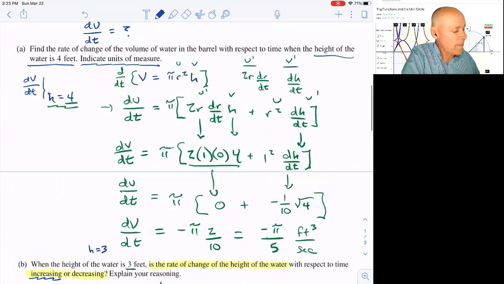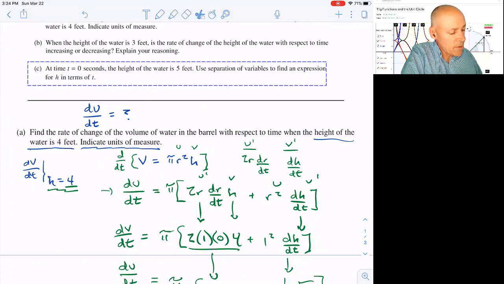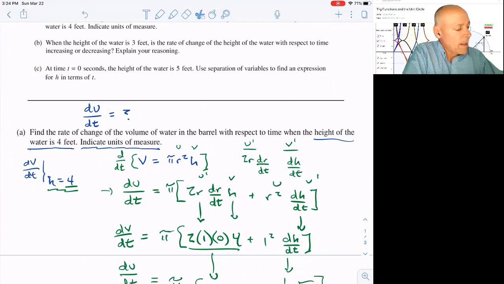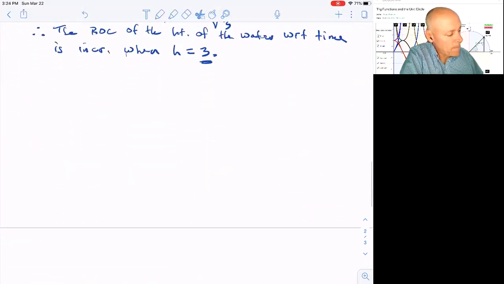Okay, last part. Part C, at time t equals 0 seconds, the height of the water is 5 feet. Use separation of variables to find an expression for h in terms of t. Okay.